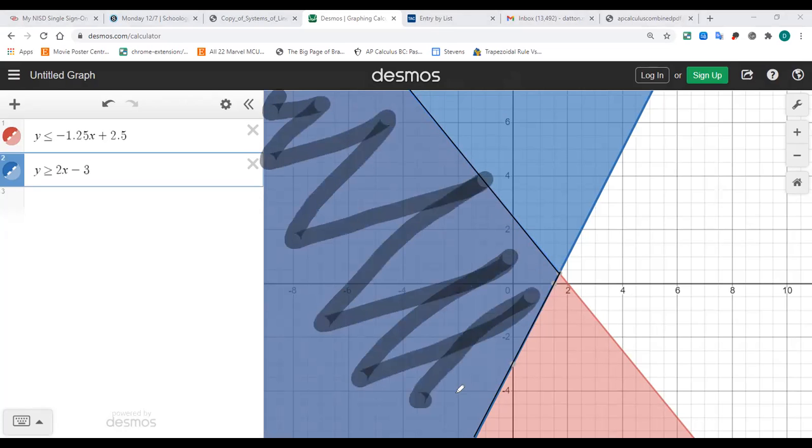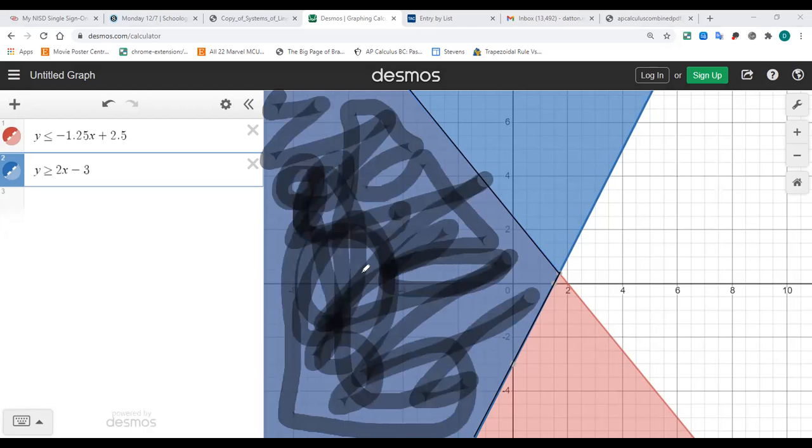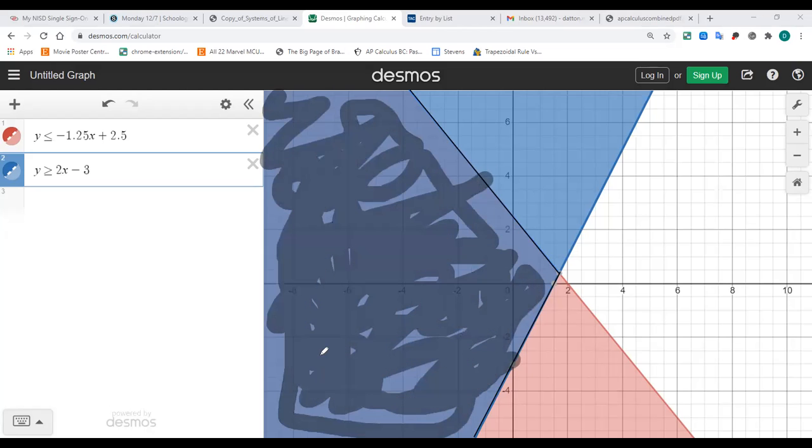This is the actual shaded area. This is where all your solutions lie on this system. Okay? Not down here, up here. So that's the first mistake on the notes. I will correct that.